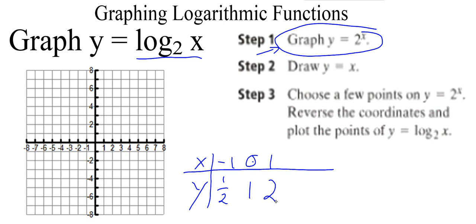As I graph that, at -1 I'm here, at 0 I'm at 1, and at 1 I'm at 2. And I can anticipate that at 2, I'm going to be at 4. And I'm going to get my exponential graph with its horizontal asymptote there. Now, I'm going to draw my y equals x line.